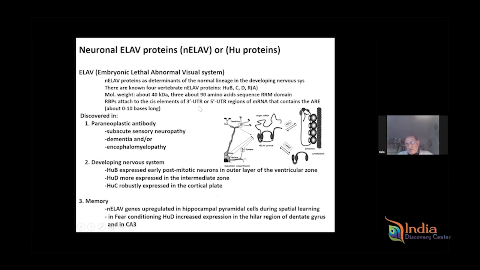The visual pathway has very specific ELAV proteins, the auditory pathway has a different one, and the olfactory pathway also has a very different one, which has the function to recognize each other during the migration, for example.